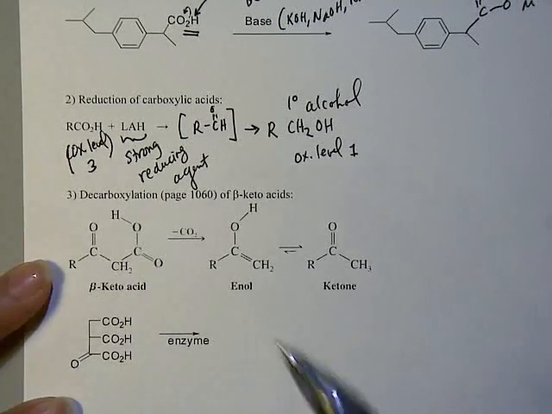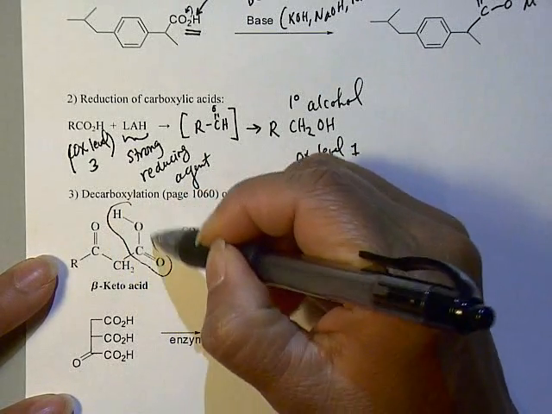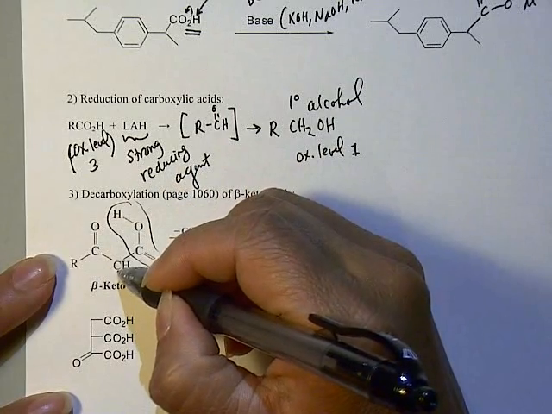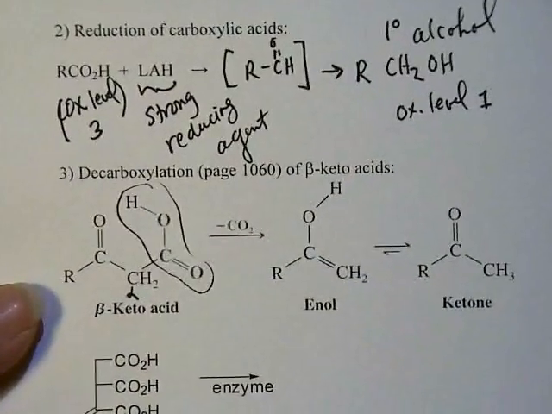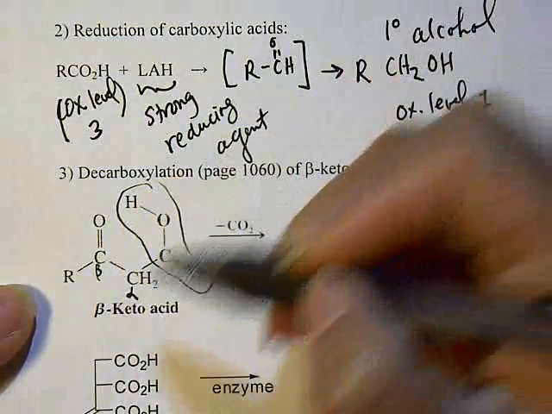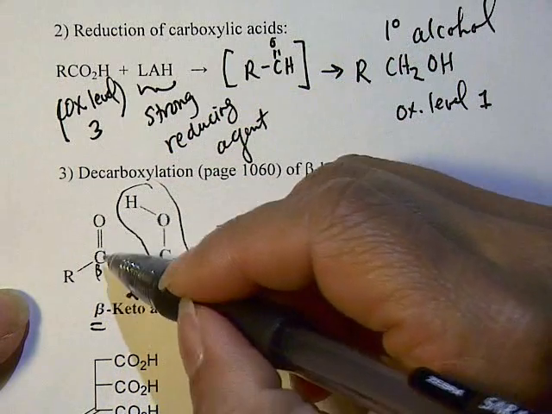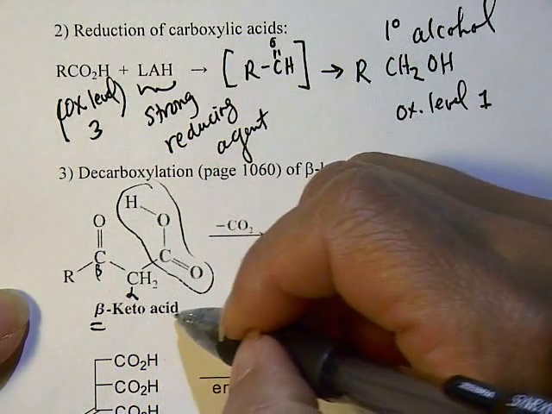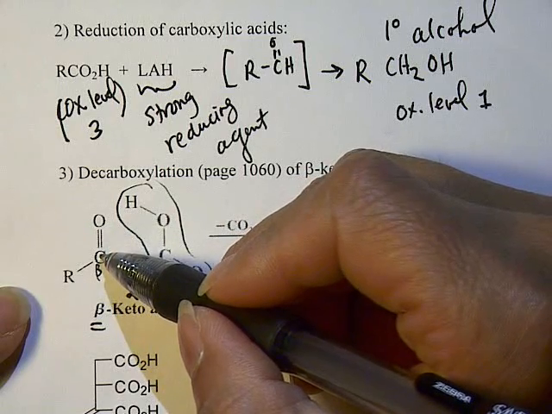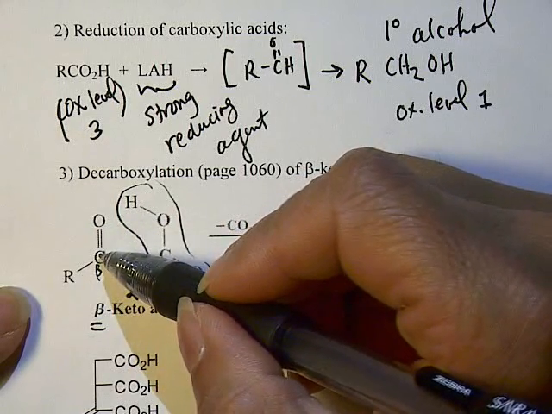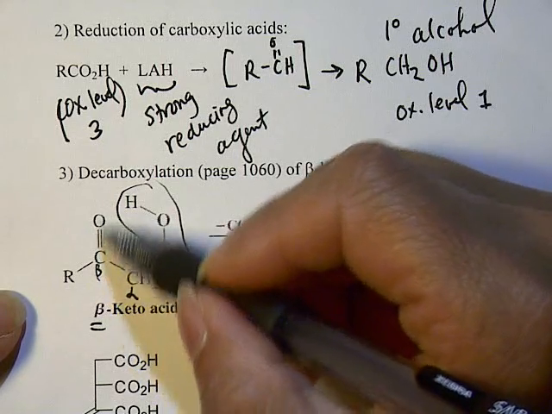So the requirement is that you have a carboxylic acid, as you see here, and then the next carbon is called the alpha carbon, and then the next is called the beta carbon. That's why this class of compound is called beta-keto for this one, because you have a ketone and an acid. This carbonyl doesn't have to be a ketone. It could be an aldehyde, a carboxylic acid, an ester, any carbonyl compound.